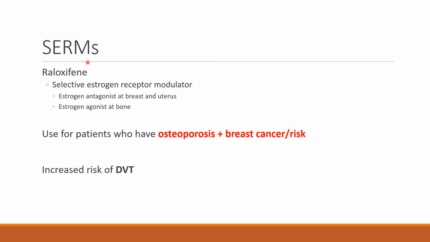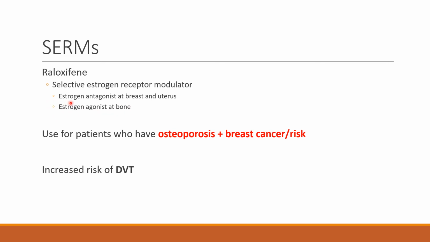And SERMs. These are selective estrogen receptor modulator drugs, but especially we use raloxifene in osteoporosis. Raloxifene is a selective estrogen receptor modulator, but it is an agonist at bone and an antagonist at breast and uterus, so it makes sense. It is an agonist at bone, this is why we use it.